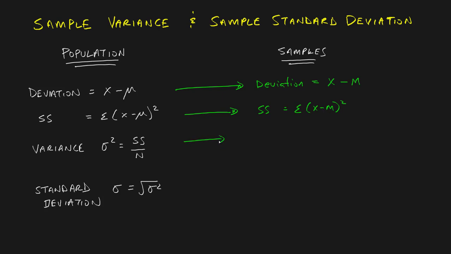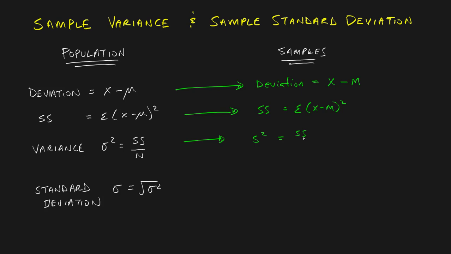Now it's when we get to the variance that we have an actual change. And it looks like this. First of all, I'll write out the formula for variance. We have a different symbol, s squared instead of sigma squared. If I was reading a research paper, I would see s squared and I would know that they got this calculation from a sample, not from the population.